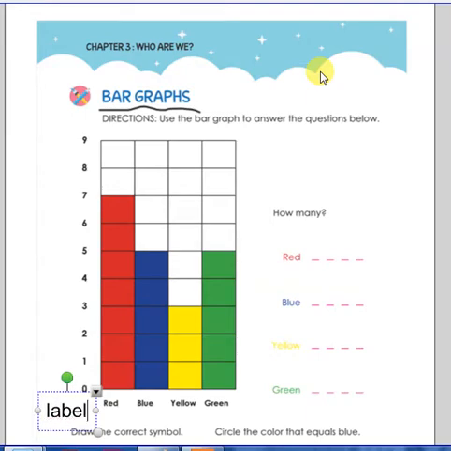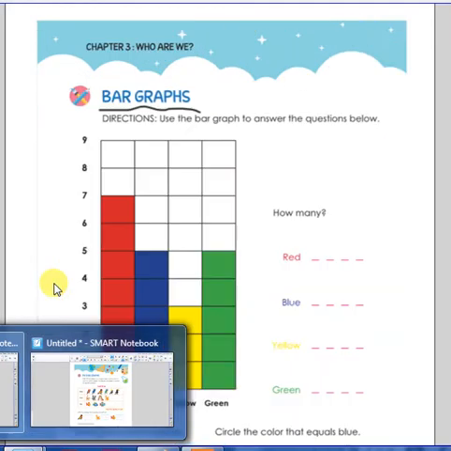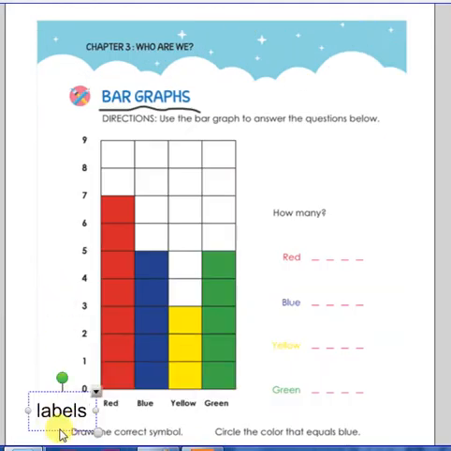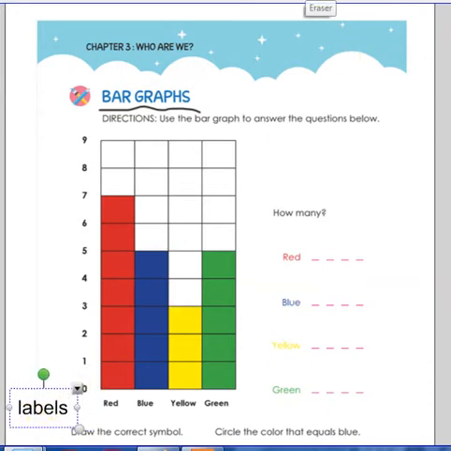But the labels of a bar graph are under the bars. Under the bars we write the labels. But labels in pictograph are inside the boxes, right? So the labels here are red, blue, yellow, green.